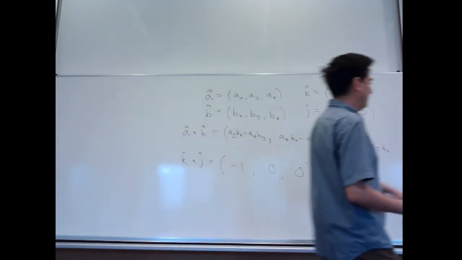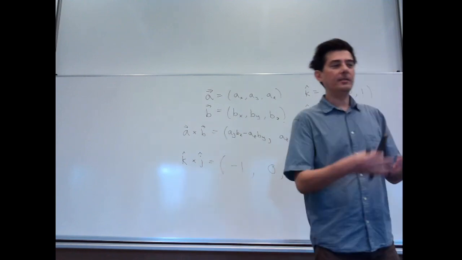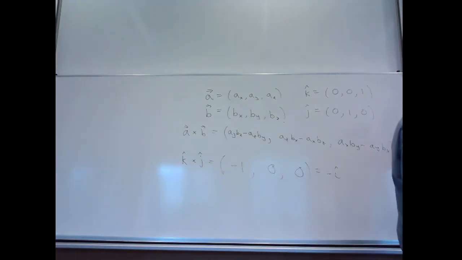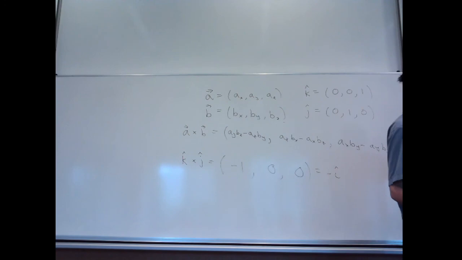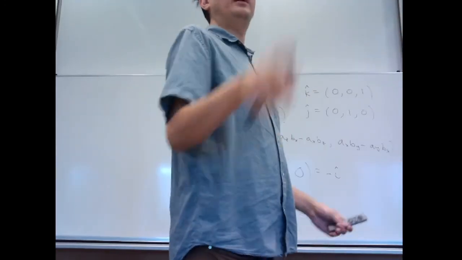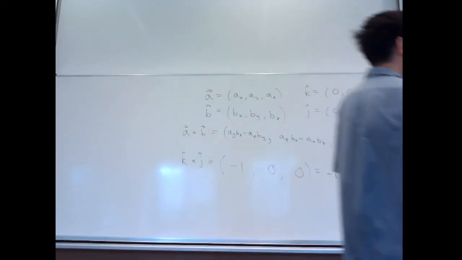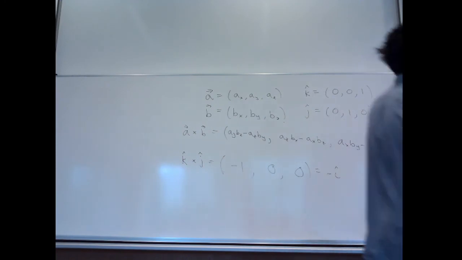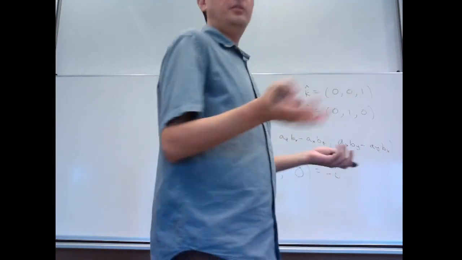So if it's i times j or j times i, firstly it's going to be k because that's the one that's not there, right? So you've got i, j, then it'll give the other one. Now, the way that you remember the sign is if you're going around in terms of i, j, k, in alphabetical order, in the correct direction, then it's just the plus sign.